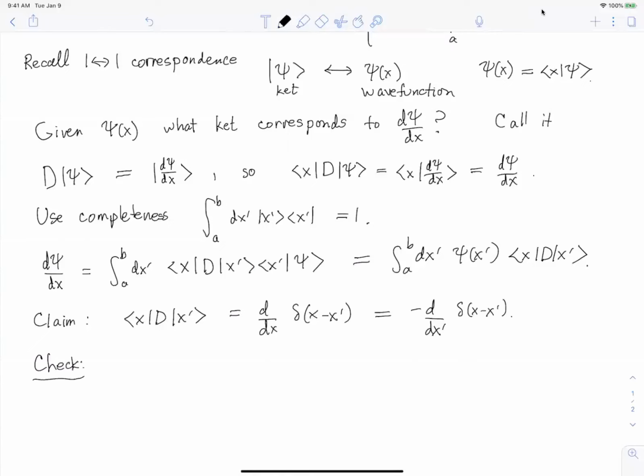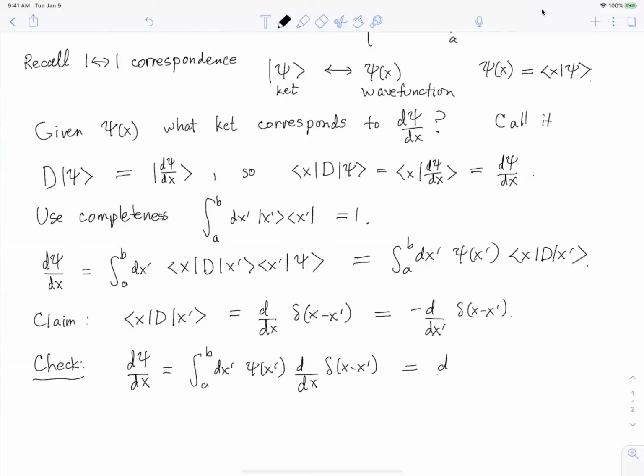To do that, we take our d psi by dx expression, and we're going to plug in that matrix element to see if it works. So I have psi of x prime. The claim was this was d by dx of delta of x minus x prime. Now I notice that my derivative with respect to x, I can take outside of the integral sign, because the integral here is with respect to x prime, which is independent of x.